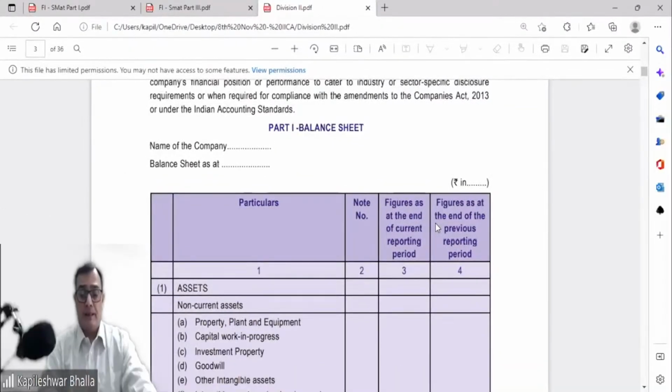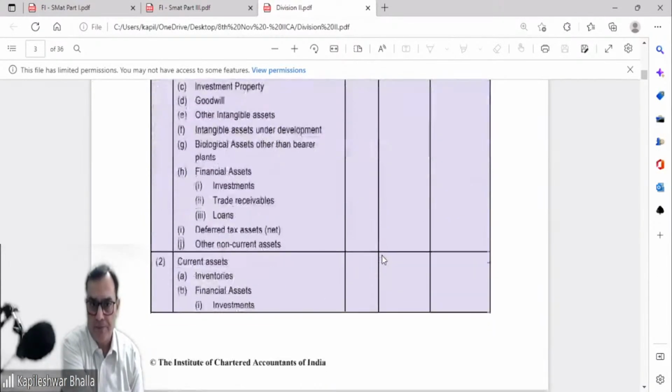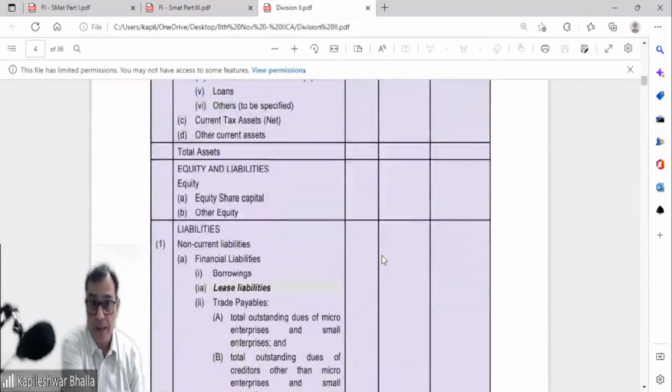Now, I think the discussion is going to be incomplete, since we're looking at Ind AS 32, which is a presentation standard. We need to understand how the presentation of this instrument will look in the balance sheet of the company. So we're going to the liability side. Now, hear me well.